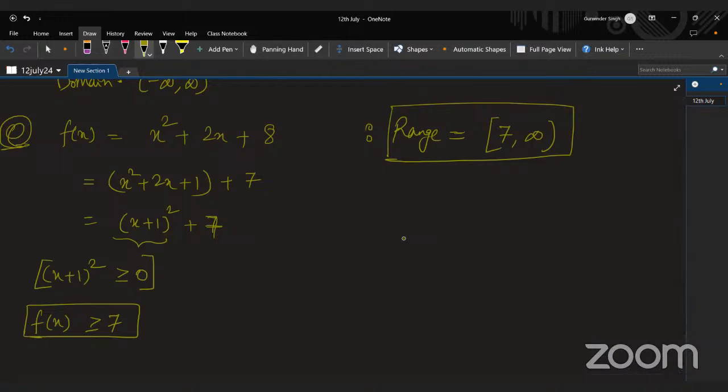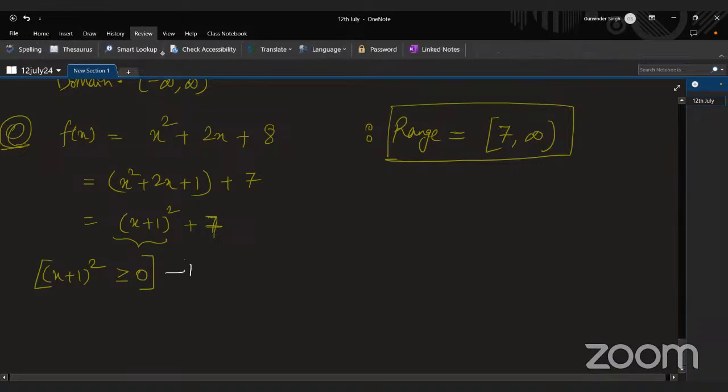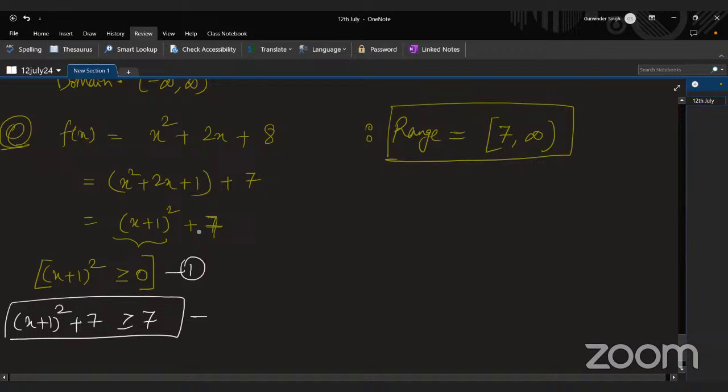So if this is always greater than or equal to 0, I can just add 7 on both sides. I have this inequality 1. I will add 7 on both sides. So it will be x plus 1 square plus 7 is greater than or equal to 7. I can add 7 now, it is a number.